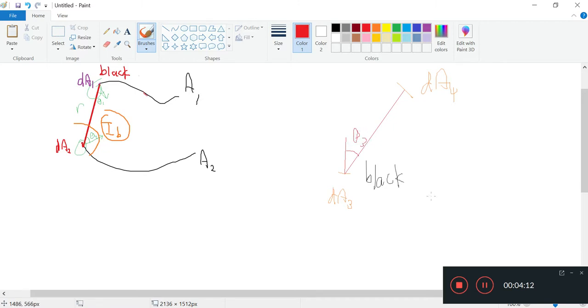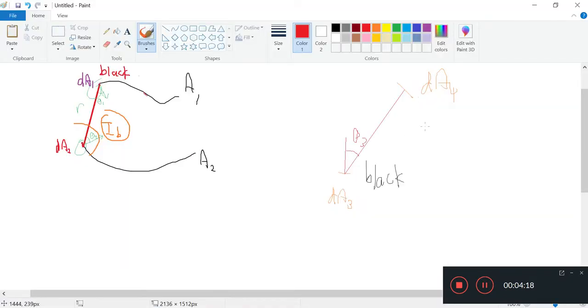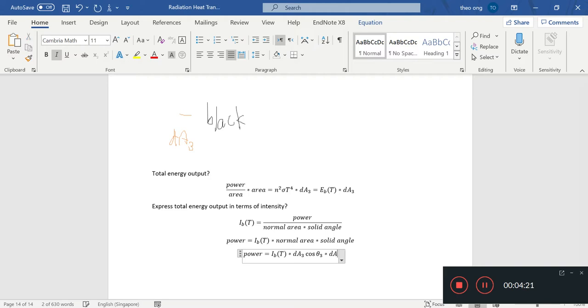That's the normal area. And the solid angle, which is dA4 cosine theta 4 over r squared.